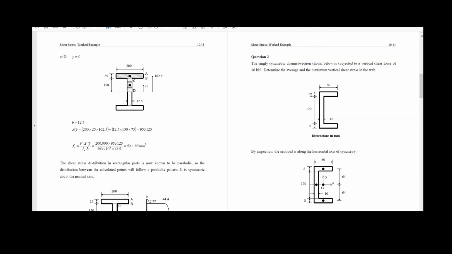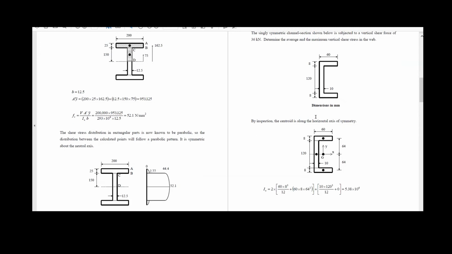So they are subjected to bending stresses and shear stresses at the same time. And this is the reason why the C section or channel section, in terms of shear stresses, will be exactly the same as the T section.